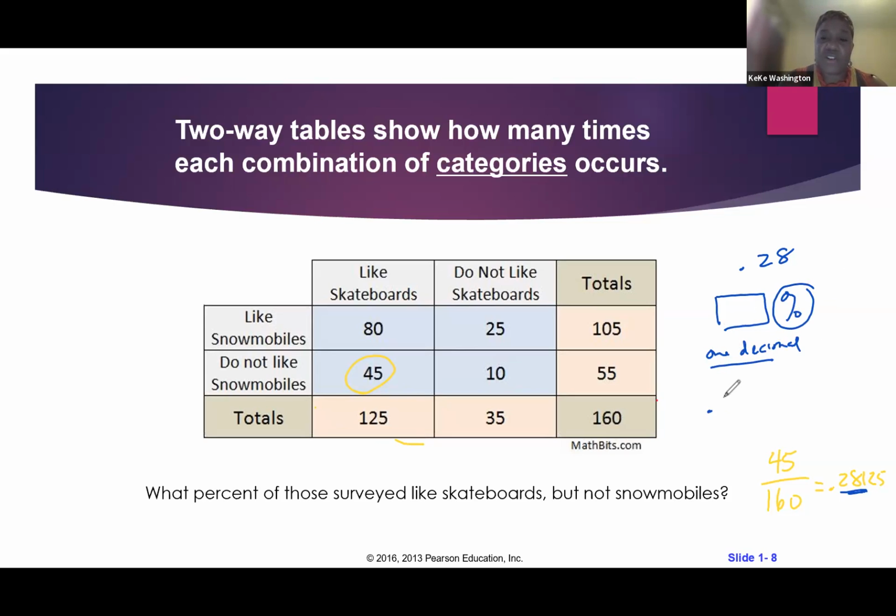So when we convert this number to a percent, that's moving the decimal 2 places to the right or multiplying by 100. Once you do that, then round the number to 1 decimal place. So that answer would be 28.1. A lot of questions are missed on this test, or on all the tests, because of rounding. So be very, very careful there.